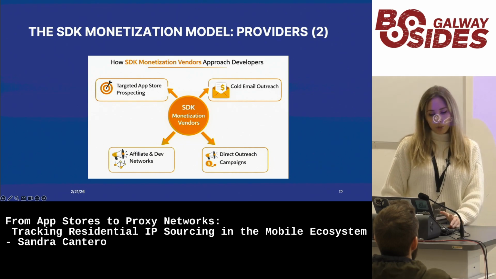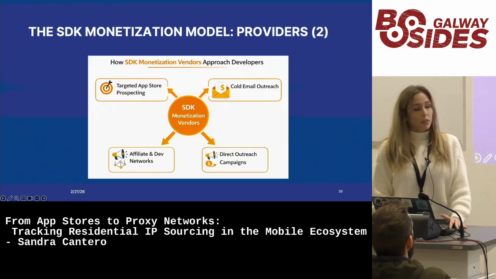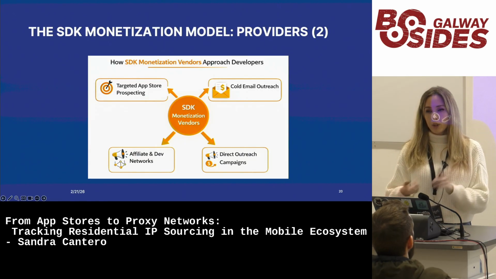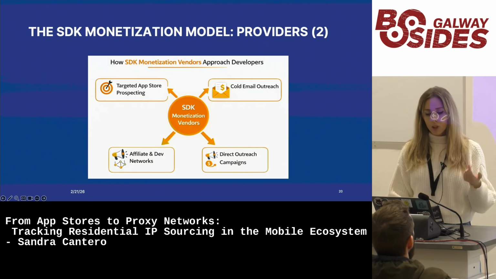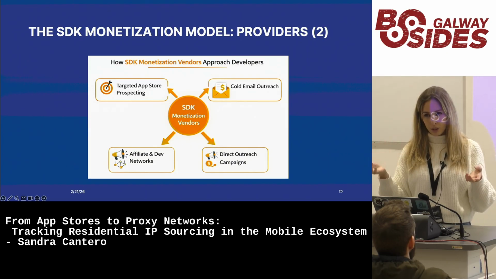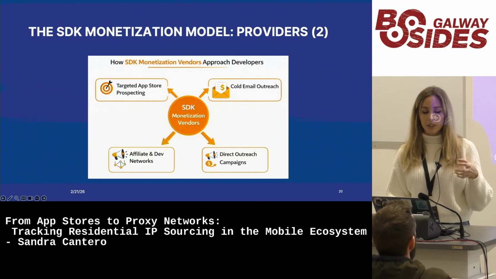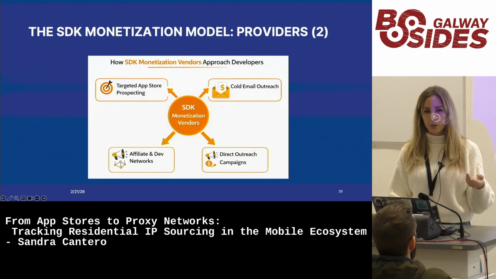So how do the providers normally approach developers? They prospect some of the app stores, checking for applications that have a lot of downloads or that can be appealing for them. Then from that prospecting, they obtain the emails of the developers and email those developers. They also approach developers in affiliated developer networks, like specific forums where developers are discussing ways to monetize apps, and via general campaigns.